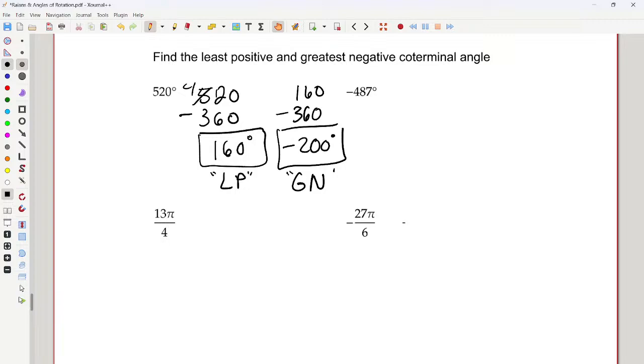Negative 487. Is that more than, these freaking words. What basically happened? Some dog ran around a circle clockwise more than once. That I know for sure because it's more than negative 360. Okay, so let's start adding 360.